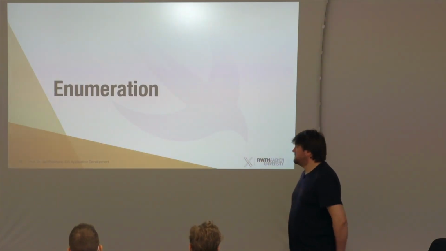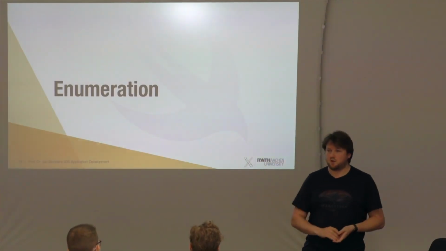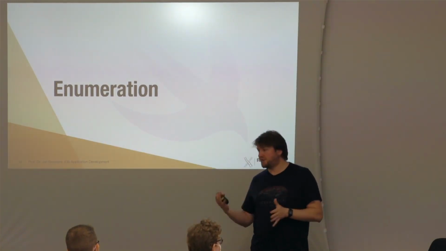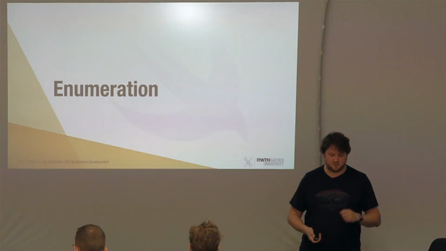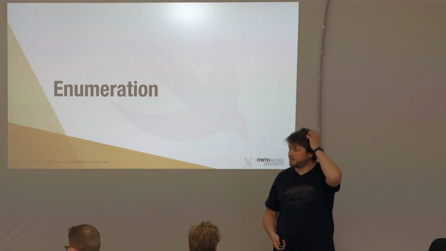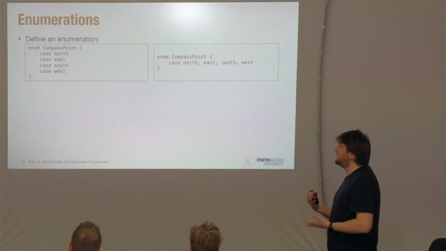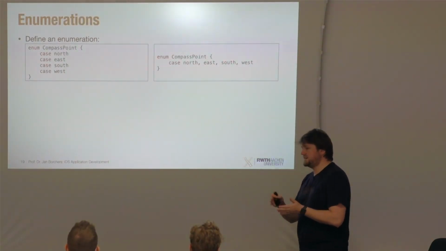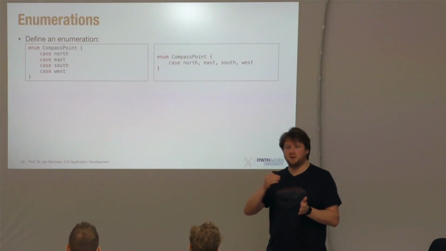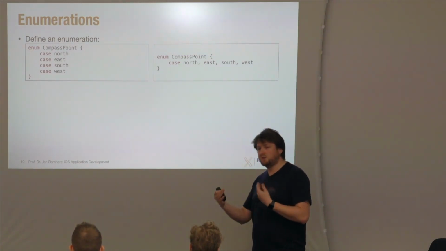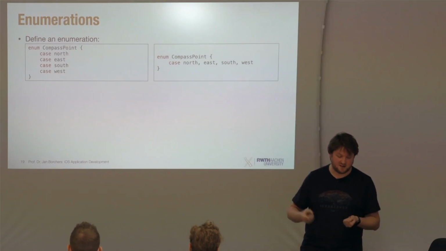Okay. Briefly, also, let's talk about enumerations, because they're also something within Swift that are very often used. And enumerations are essentially defining certain values that a parameter can take.